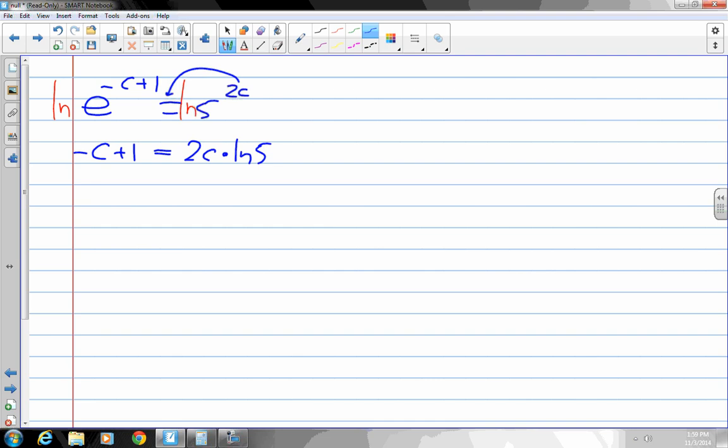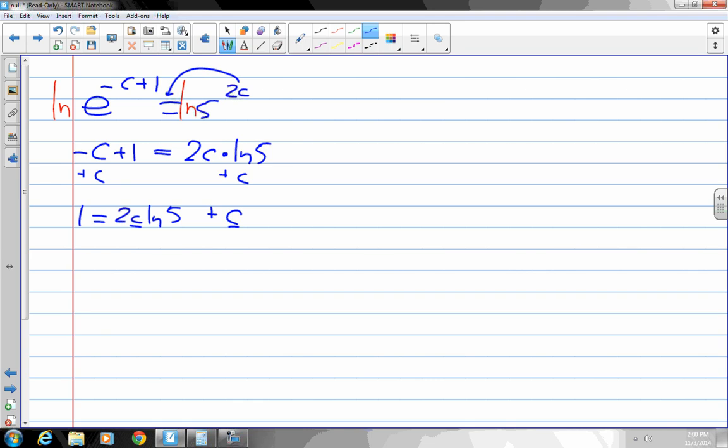Right? So linear equation, group the variables on one side. So add c to both sides. So it's 1 equals 2c ln of 5 plus c. Right? So again, c appears in two places.